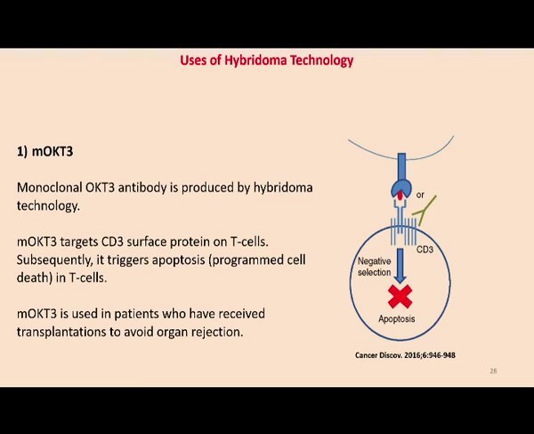So, why would you require such an antibody? Why would you want to kill your T cells? Because your T cells are there to protect you. So, you would require to suppress immunity when a patient is being transplanted with an organ.